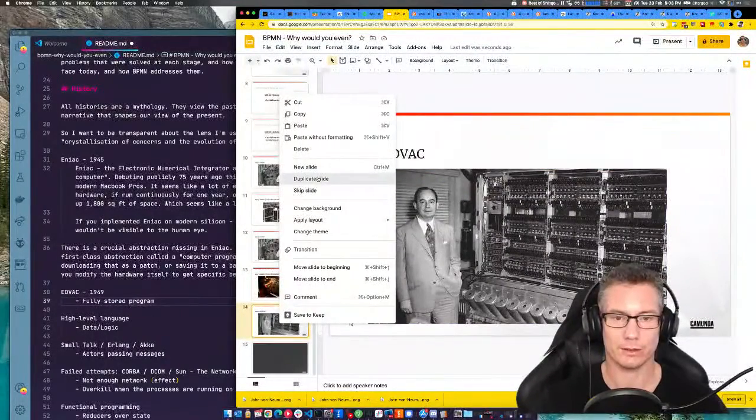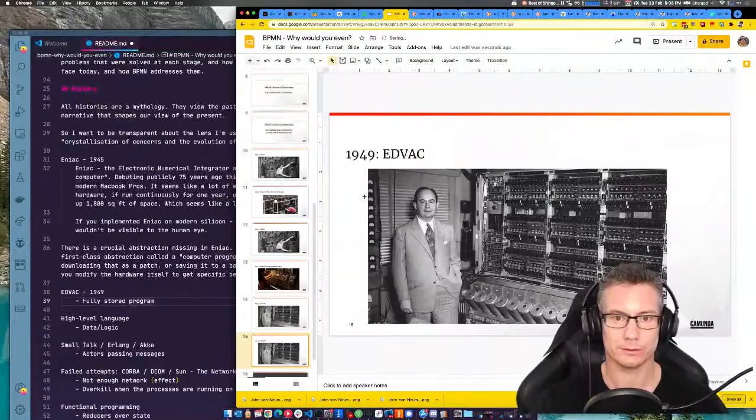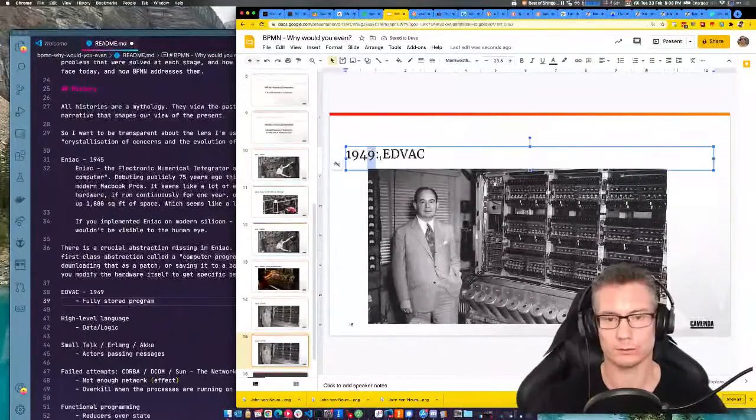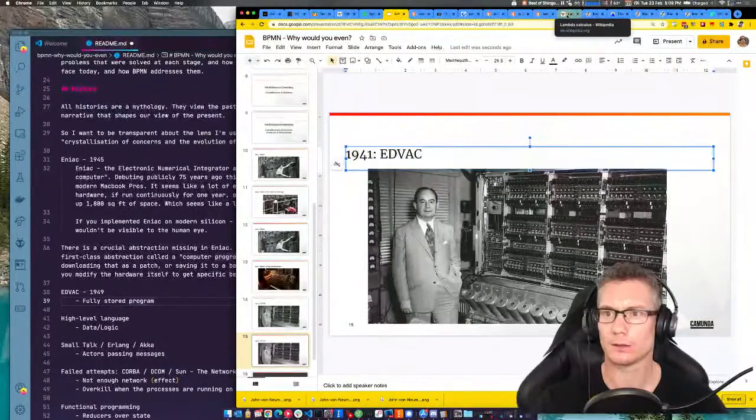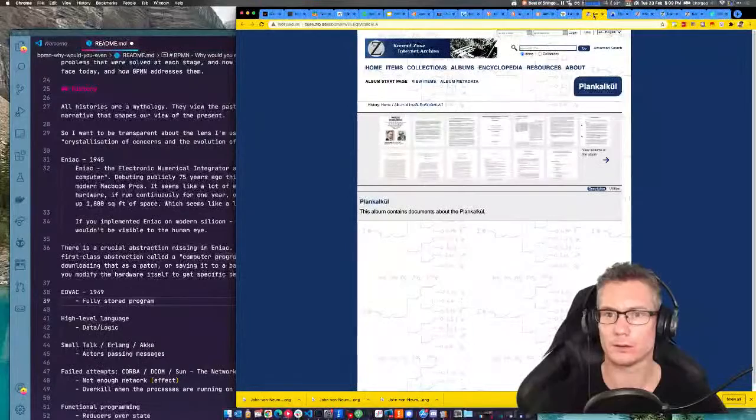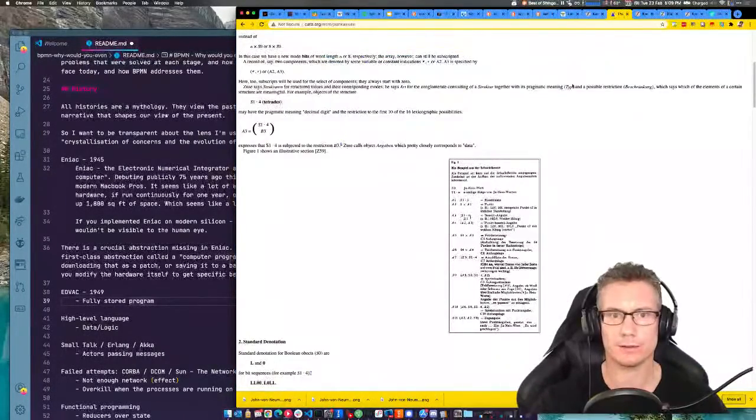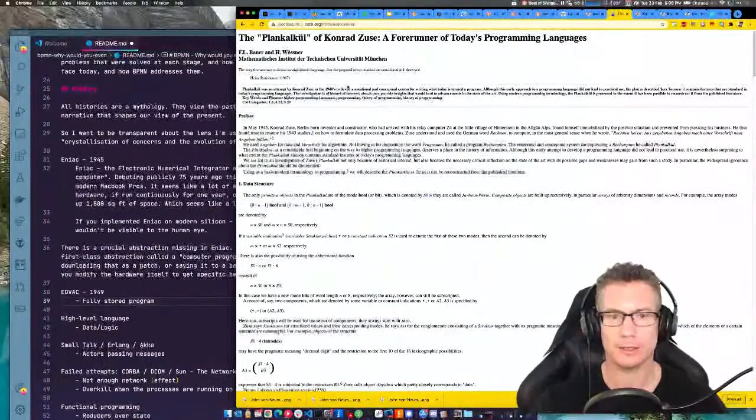Duplicate the slide. So we're going to go back to 1941. When did he write this Plankalkül thing? He wrote it in his Plankalkül, 1943.